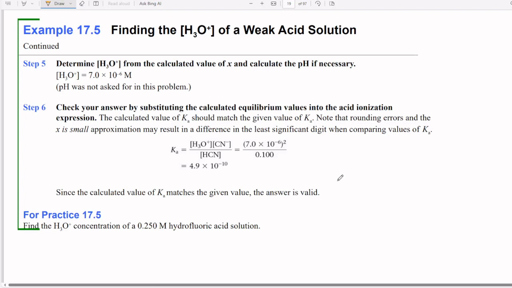We can even check our answer further by plugging the numbers that we got back into our original K expression and see if it matches the K that we used to calculate our x. So we got 7.0 times 10 to the minus 6 for x, and if we square that and divide by 0.1, we get 4.9 times 10 to the minus 10.